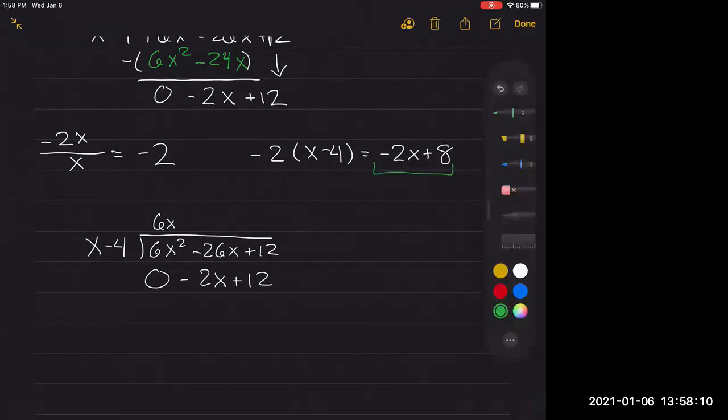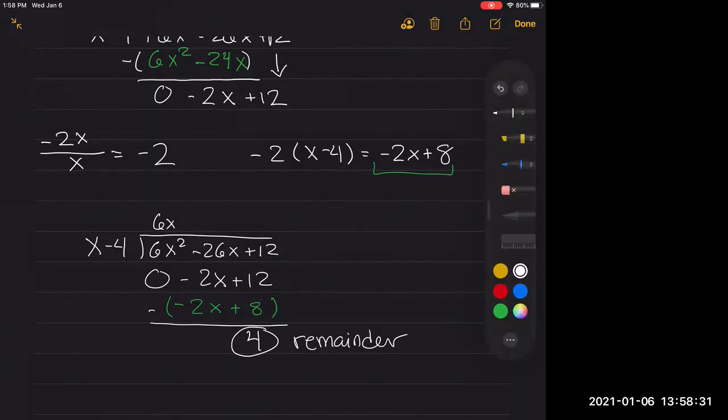We write this part underneath again. And we subtract it. And then we get a 4 here. So this 4, this is our remainder. So now we compile all the pieces that we have. Oh, whoops, I forgot to write up here a minus 2, because that is what we found here.